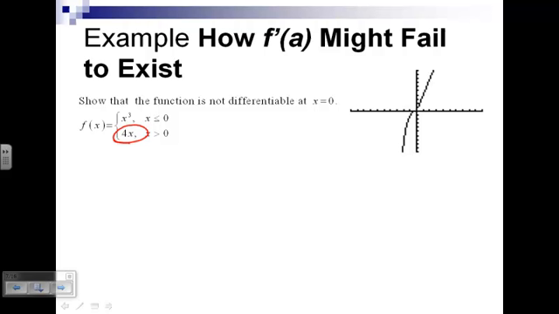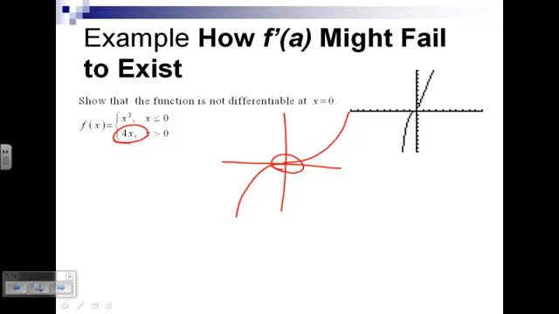What about the cubic function? 3x squared is the derivative, but if I drew the typical cubic function, what would you say is the slope at 0? 0. So we've got a right-handed derivative that's 4. We've got a left-handed derivative that's 0.